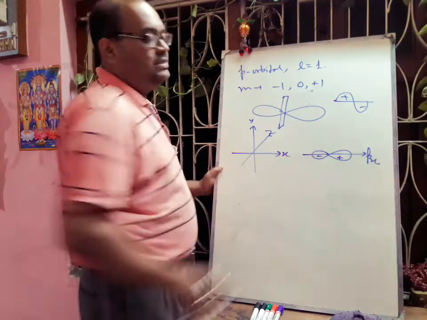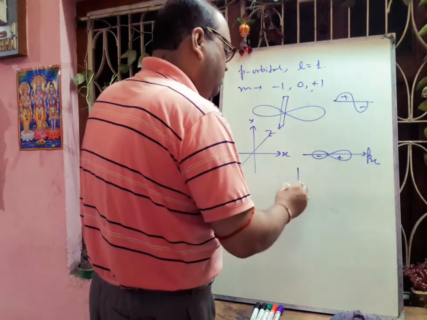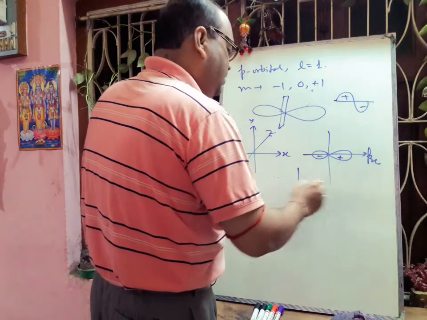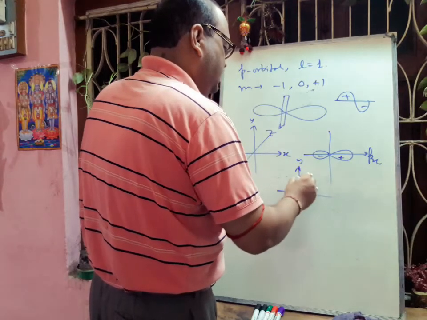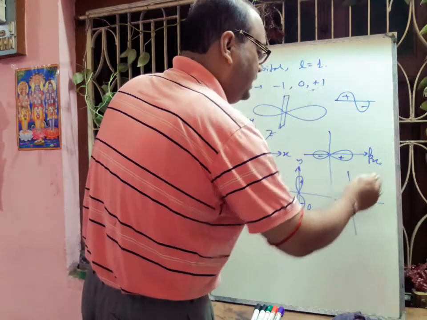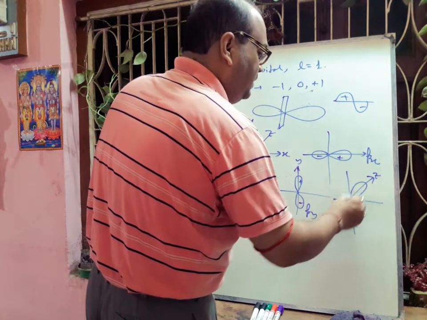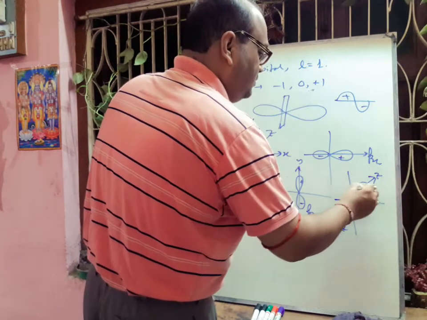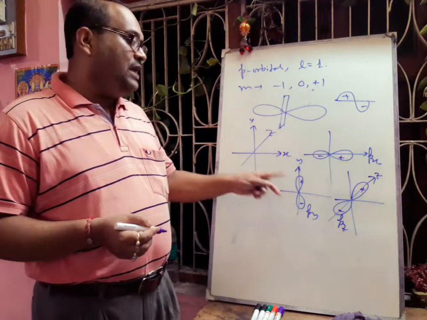These are not charges. When we draw the py orbital, if this is the y axis, this will be the py orbital. And if we want to draw the pz, if this is the z axis, definitely it will be the pz orbital. Plus minus. Understand?